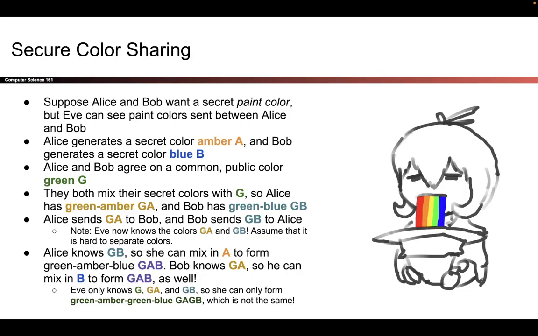So the analogy is stretched a little bit here, but you can see that Eve, even though she knows G, the common color, and GA and GB, the disguised versions of each half of the secret, she is unable to obtain the shared secret because separating paint is expensive. So that's it for the color analogy, with some apologies if you are colorblind, but coming up next, we will do all of this in actual math.